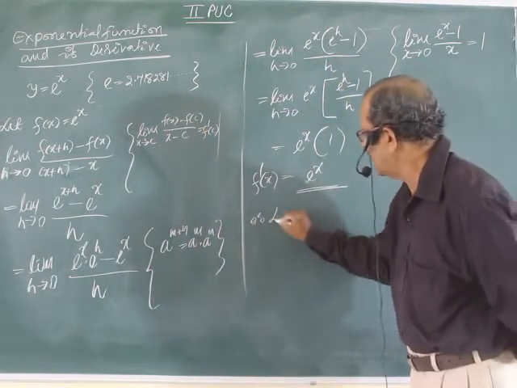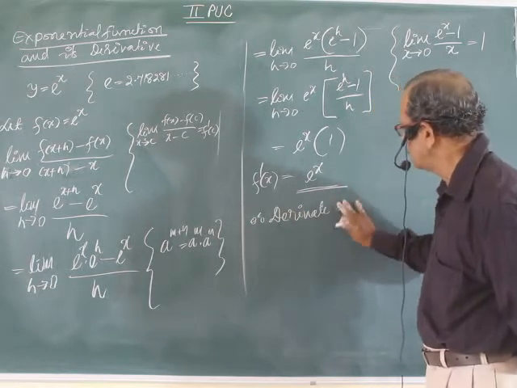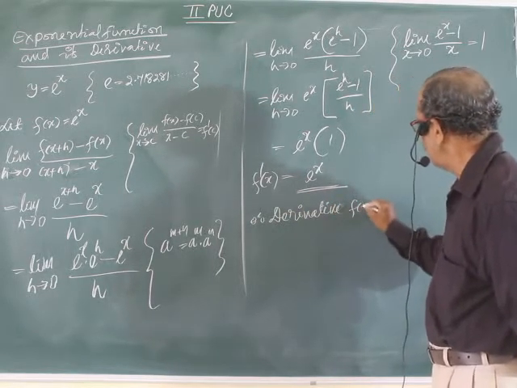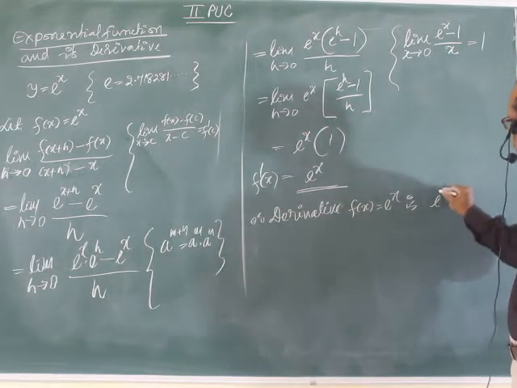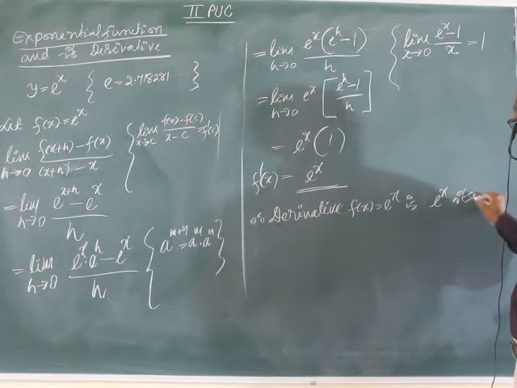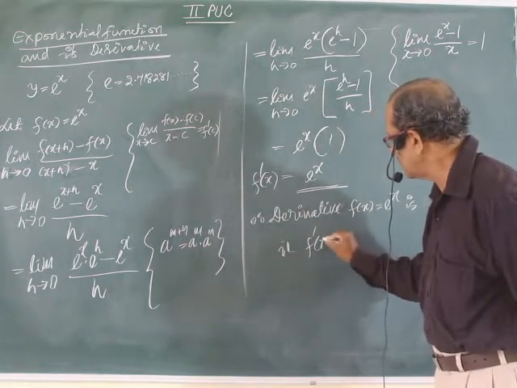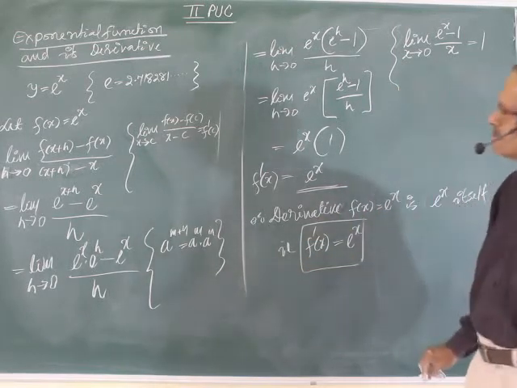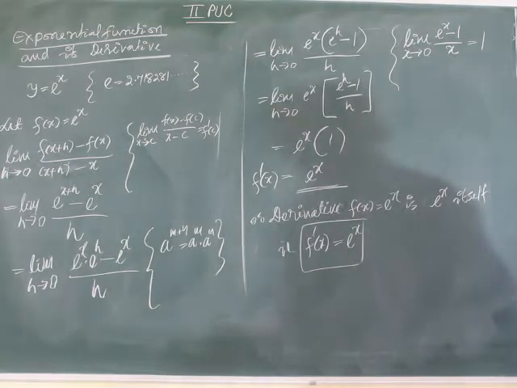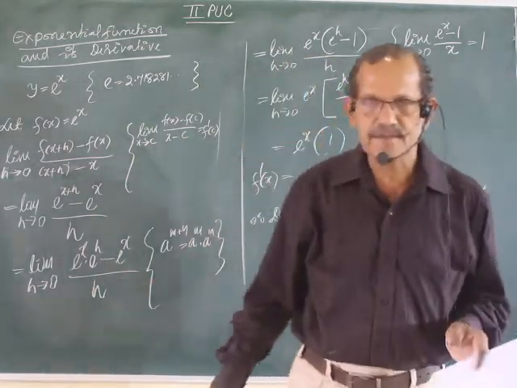Therefore, derivative of f of x equal to e to the power x is e to the power x itself, that is f dash of x equal to e to the power x.